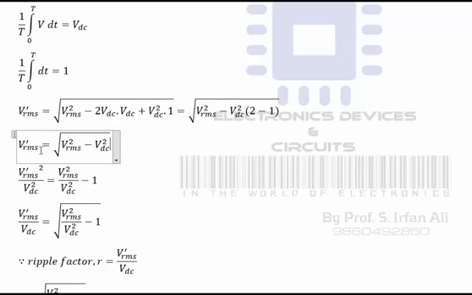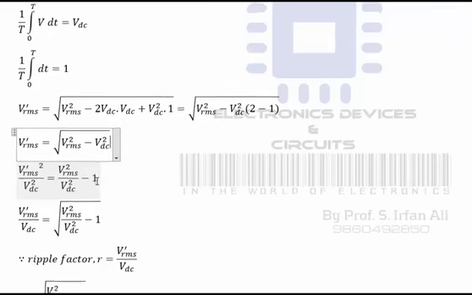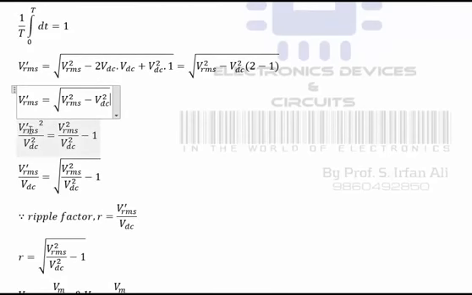Now squaring this equation, you will get V dash rms square equal to Vrms square minus Vdc square, and dividing the whole equation by Vdc square, you will get V dash rms square divided by Vdc square equal to Vrms square by Vdc square minus 1, because dividing Vdc square by Vdc square will give you 1.